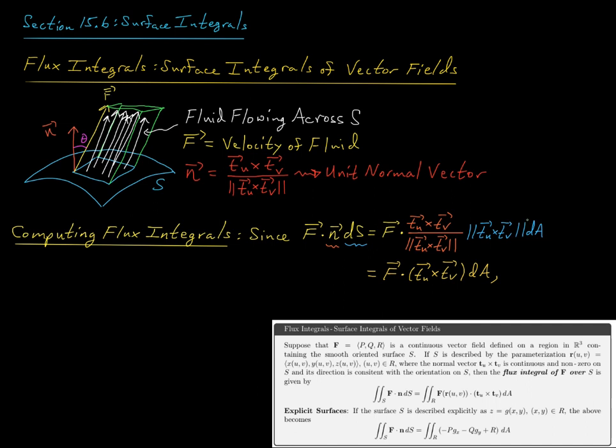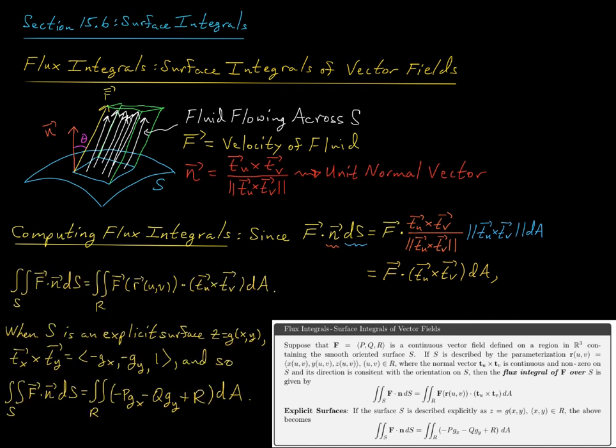And very nicely, the magnitudes here drop out, and we just wind up with F dot that cross product vector dA. All right, so that leads us to the following result. To compute the surface integral of our vector field F over the surface S, I'm going to integrate this dot product of F with this cross product vector tu cross tv.